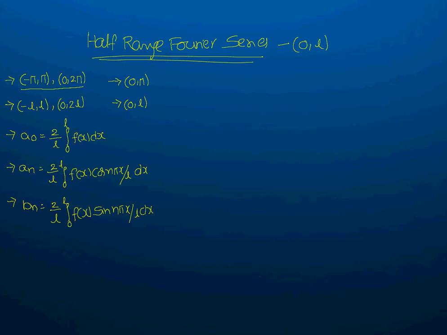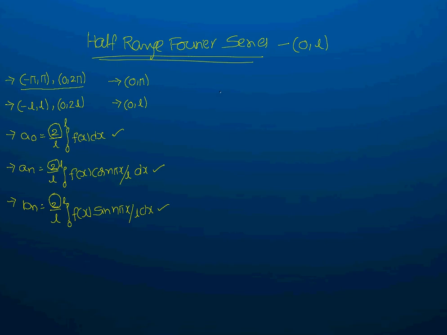So these are the basic formulas for A naught, An and Bn. The only difference is here you come across 2 by L. In the previous formulas you come across 1 by L. Here you come across 2 by L. That is the only difference.